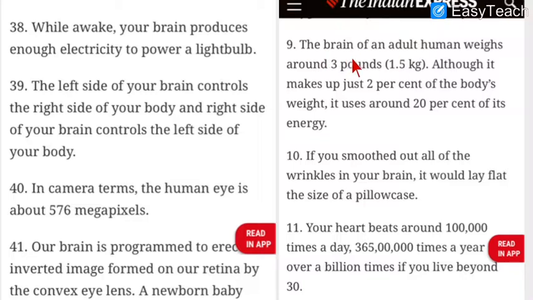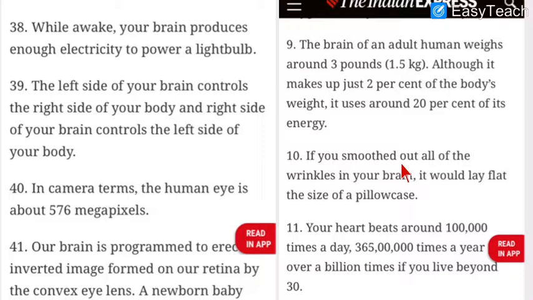Next, the brain of an adult human weighs around 3 pounds, that is 1.5 kg. So, an adult human's brain is 1.5 kg, although it makes up just 2% of the body's weight. It uses around 20% of its energy.